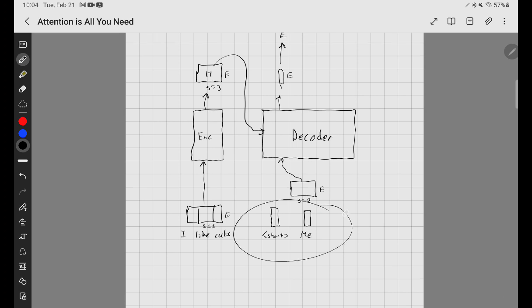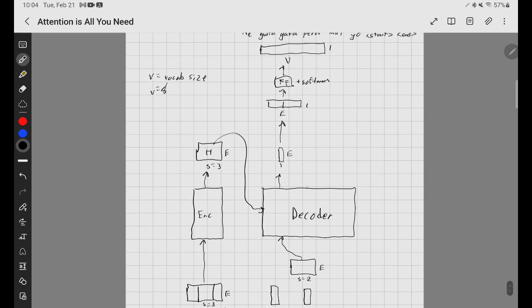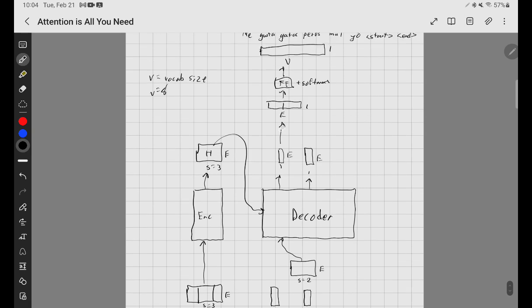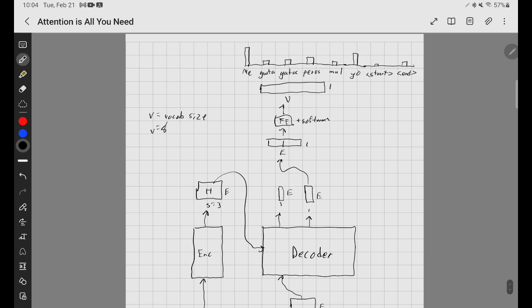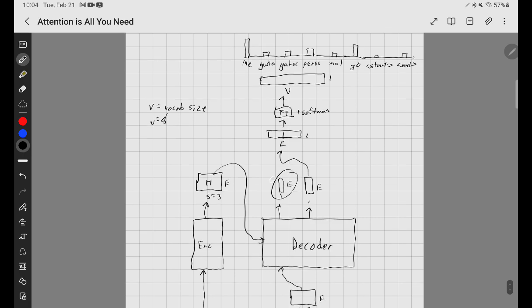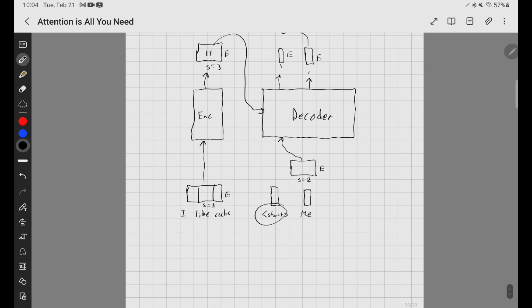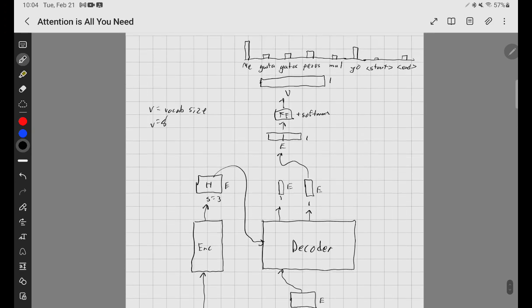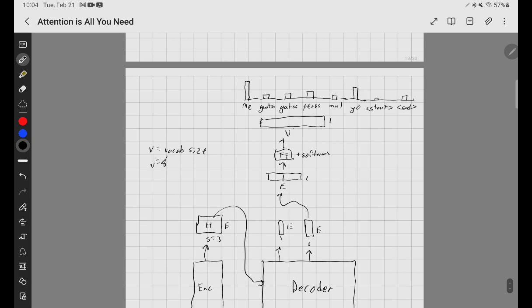So you take this sequence, you throw it through the decoder. The decoder outputs, in this case, 2 vectors, which are 1 by E, 1 for each of the input tokens, and you take the last vector, and then you project that. So instead of taking this first vector, which was the start vector, we take the me vector, and you project it to the vocab size, and then it outputs a new distribution.